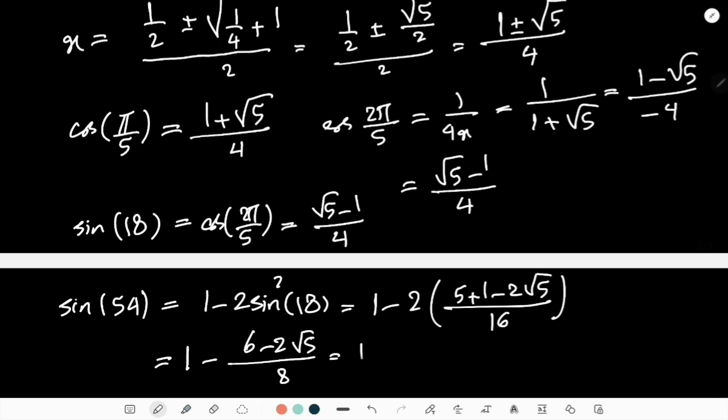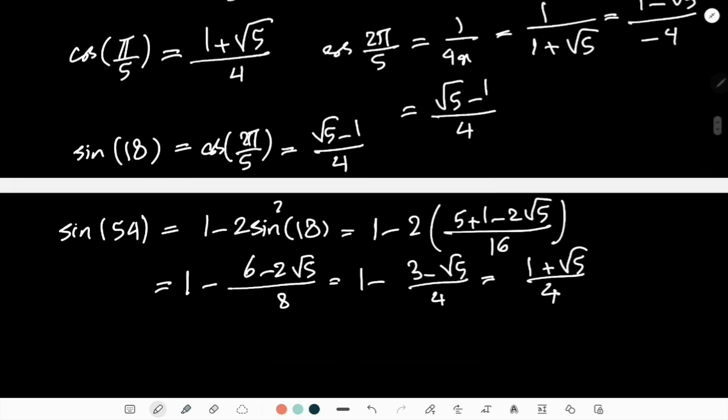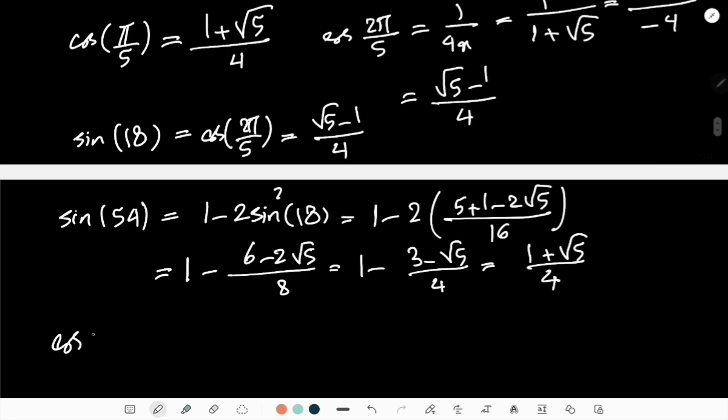Again, this is 1 minus 3 minus square root of 5 over 4, and that is 1 plus square root of 5 over 4.